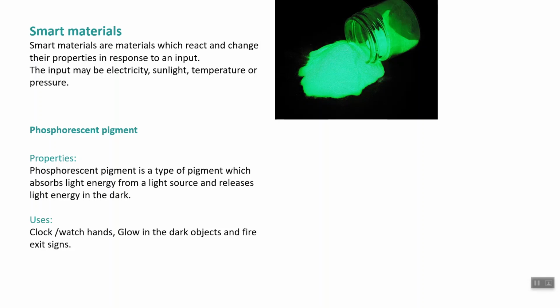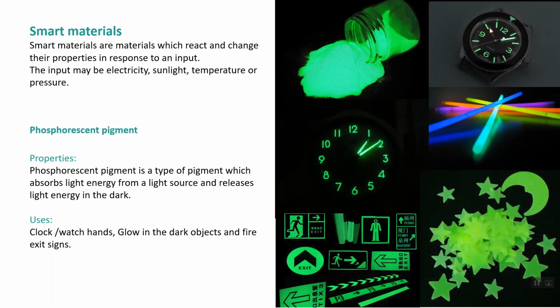Glow in the dark objects and fire exit signs. Par exemple, dans les cinémas, nous avons les fire exit signs. Ça ne marche pas à l'électricité. C'est juste une peinture phosphorescente qui permet de briller dans le noir. Donc même quand il n'y a pas d'électricité, the exit sign is still visible. Okay, so these are some examples of the uses of phosphorescent pigments.